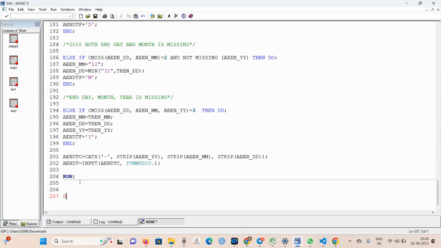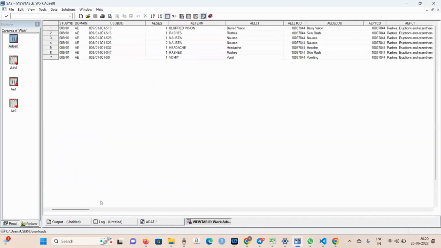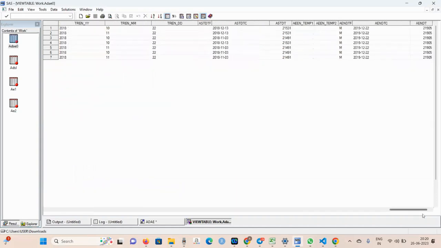Okay, so the next variable: we have derived AE and DTC, AEN DT, ASTDT. Basically, why is this one having the same variable? One second.